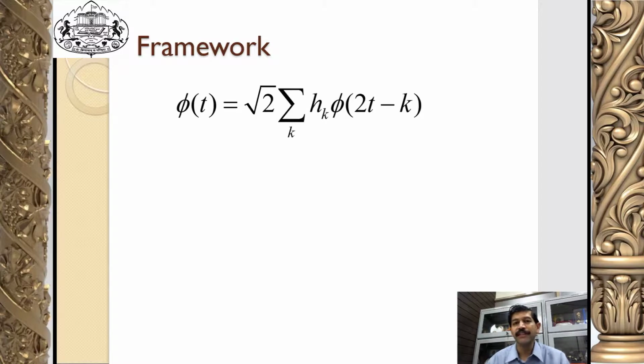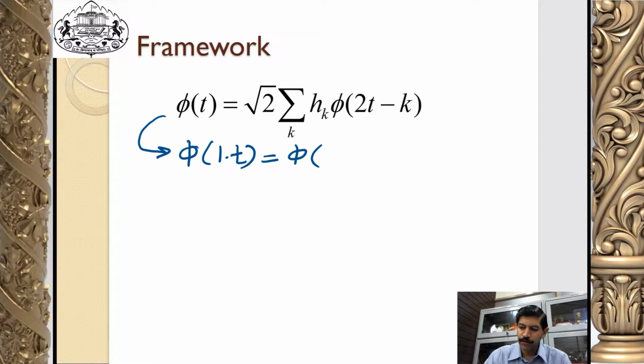So you can clearly see that in this dilation equation on the left hand side, what we have is phi of t, which is actually phi of 1 into t, and 1 is 2 raised to 0. So this is phi of 2 raised to 0 into t. In other words, we are saying that this belongs to V0.